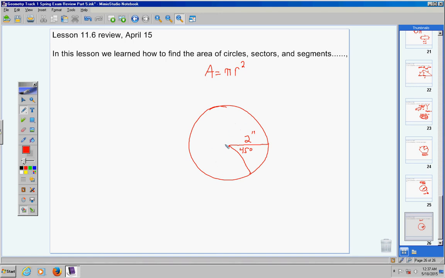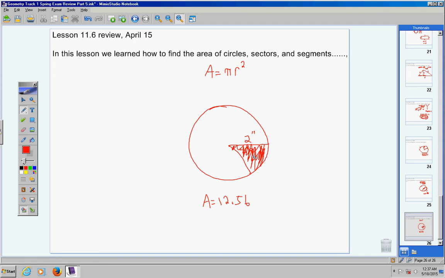So, to find the area of this circle would be pi r squared. So, pi times 4, because if you square the radius, you get 4. So, 3.14 times 4. The entire area, the area of the circle is 12.56.